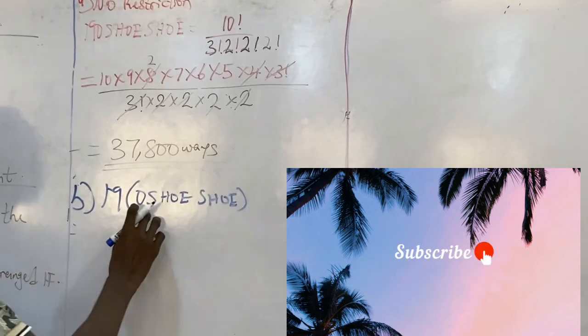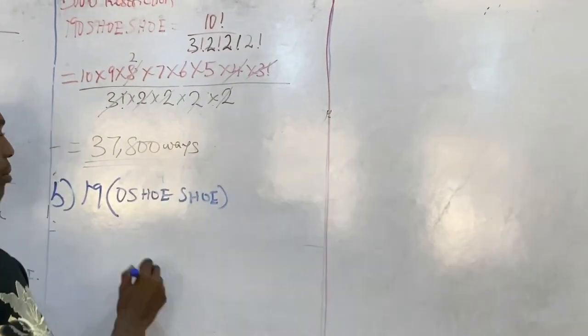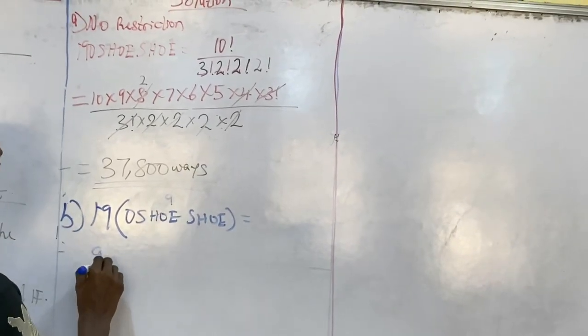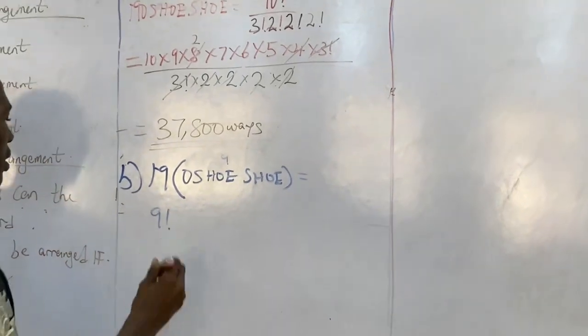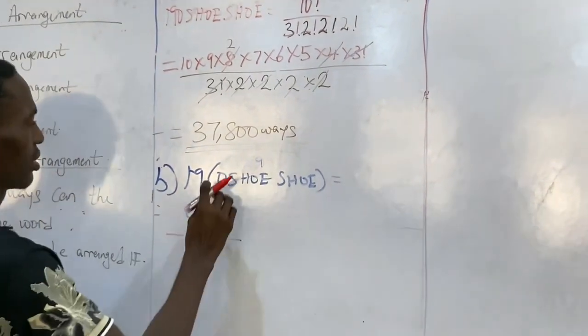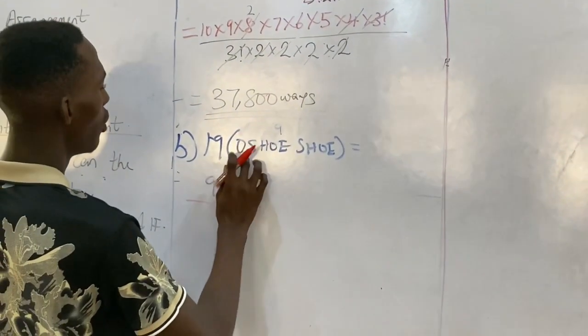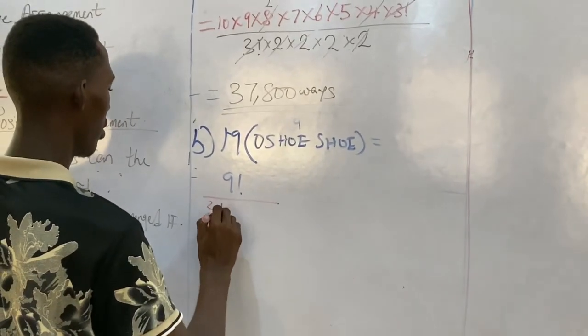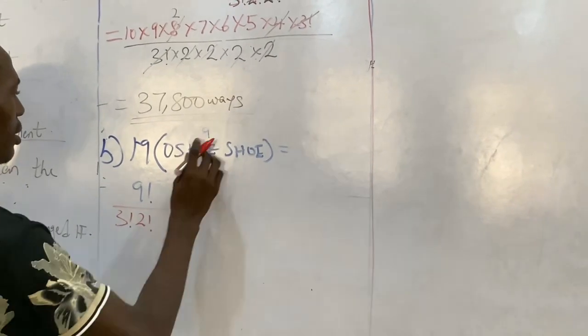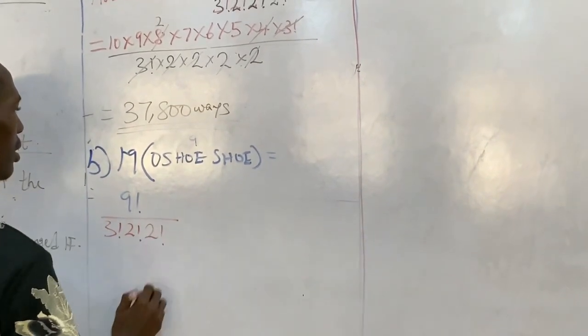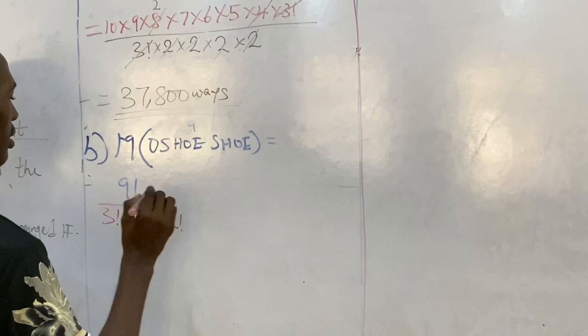Therefore, we are left with just 9. So this is 9 factorial over 3 factorial for O, which occurred 3 times, S occurred twice, H occurred twice, and E occurred twice.